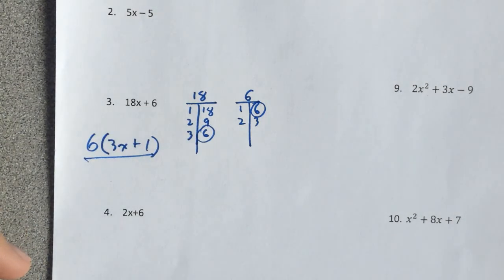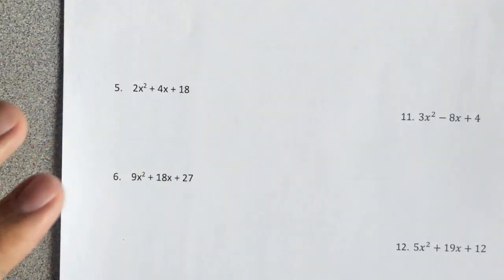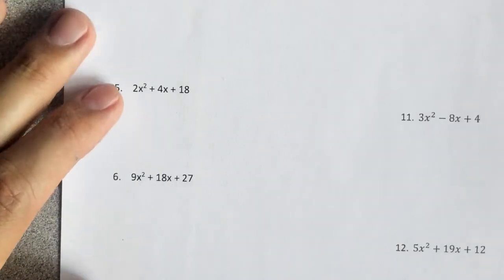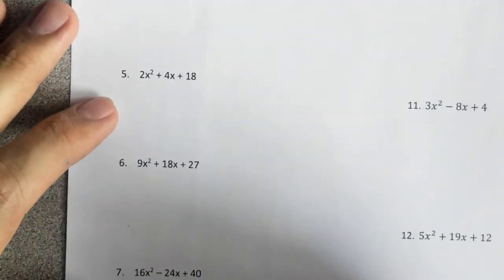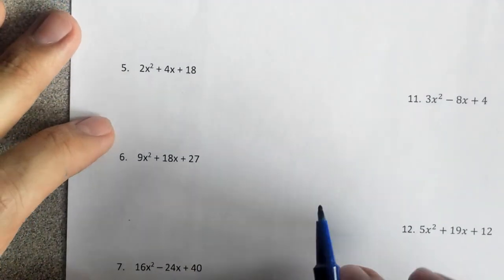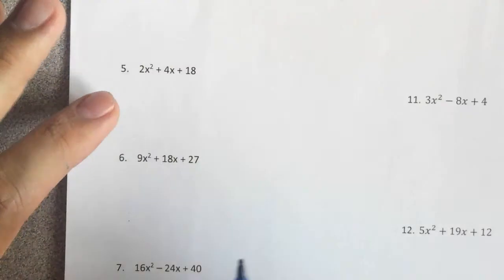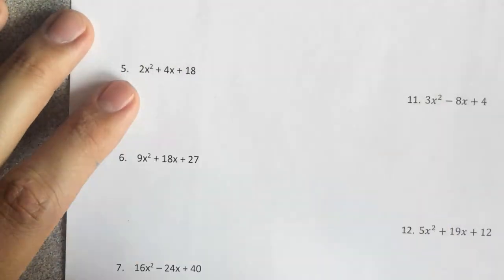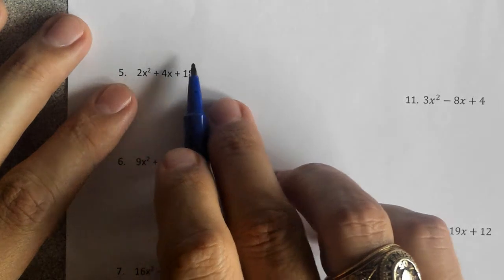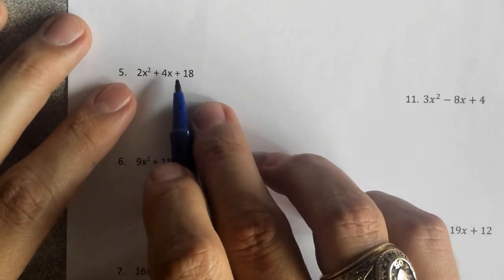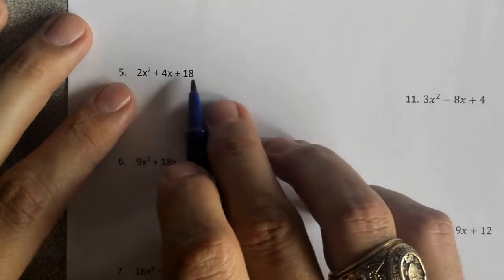This also works when I have a trinomial. Let's go ahead and look at the first one. I'm going to look at all my numbers. Oh, by the way, if they all have an x or variable, you'd pull that variable out, but this one does not.